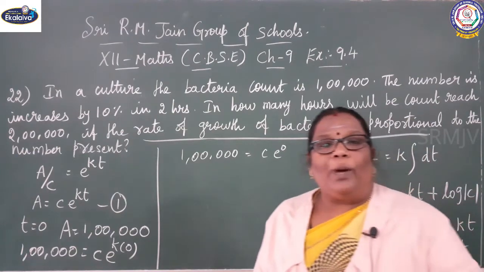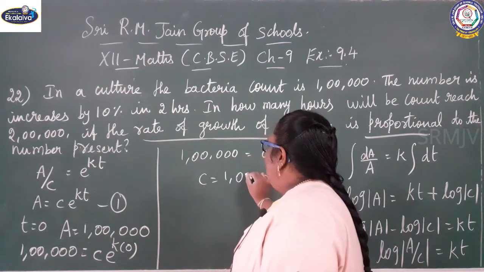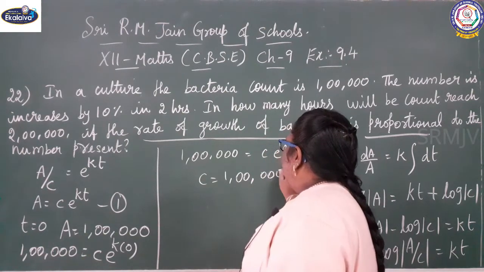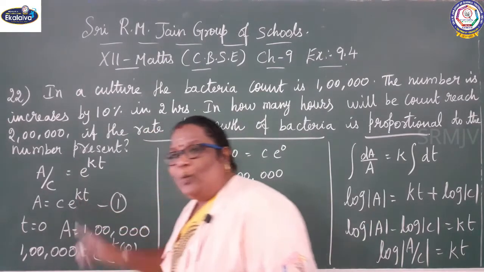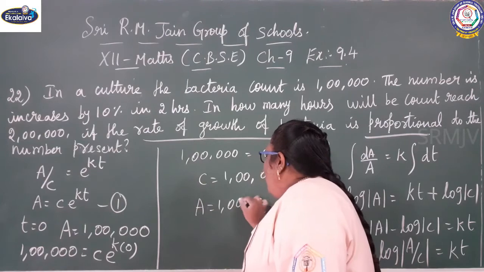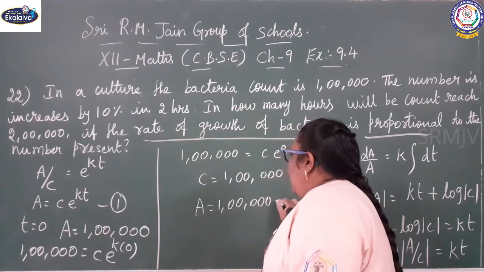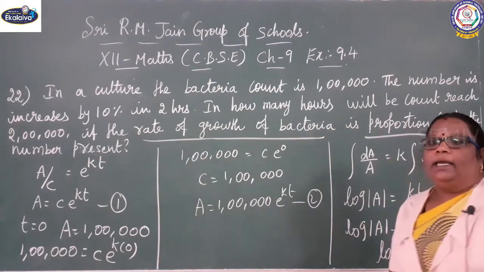Anything to the power 0 value is 1. So what is the value of C? C equal to 1 lakh. You can substitute in this equation itself. So A equal to 1 lakh e power kt. You can take it as the second equation.